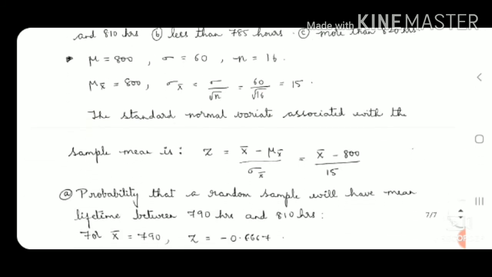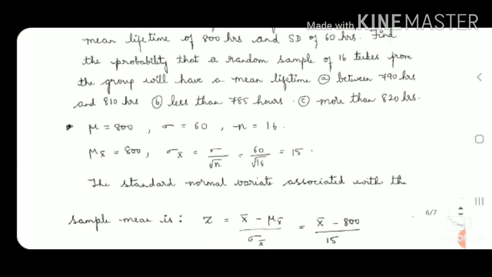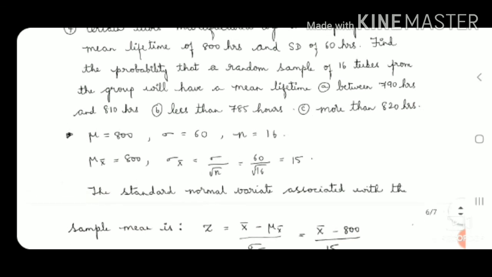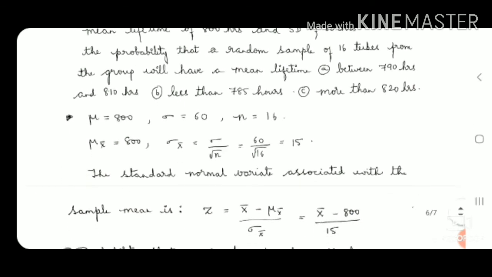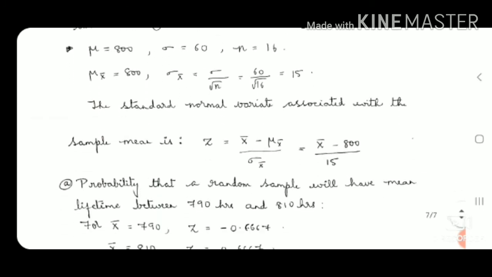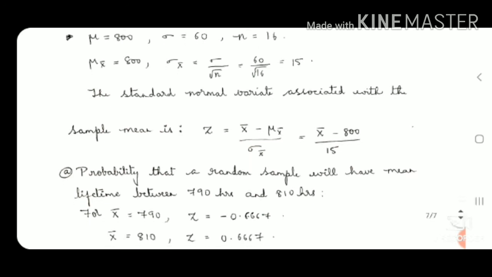The standard normal variate associated with the sample mean is given by z equals x bar minus mu x bar by sigma x bar, where mu x bar is 800 and sigma x bar is 15. First we need to calculate the probability that a random sample will have a mean lifetime between 790 and 810 hours.